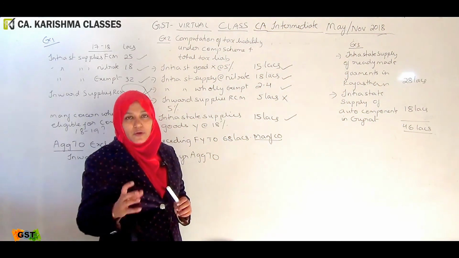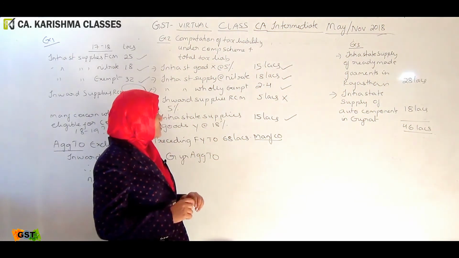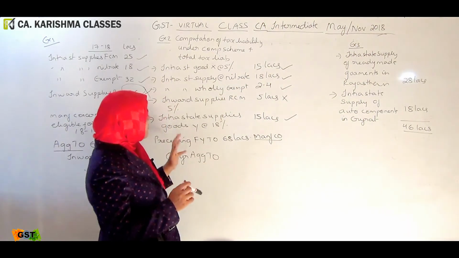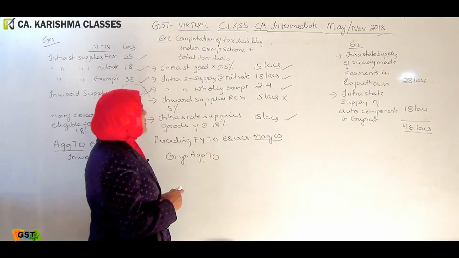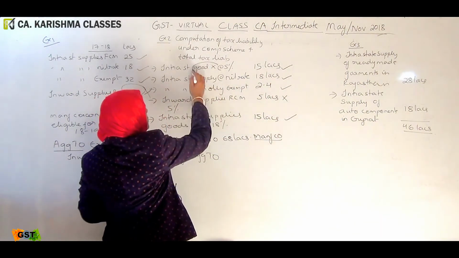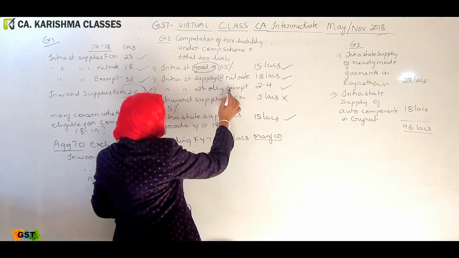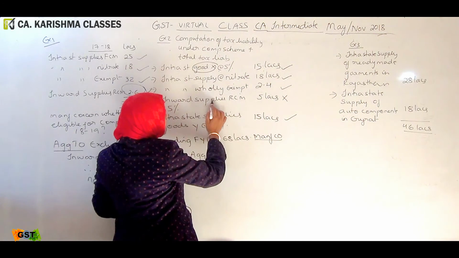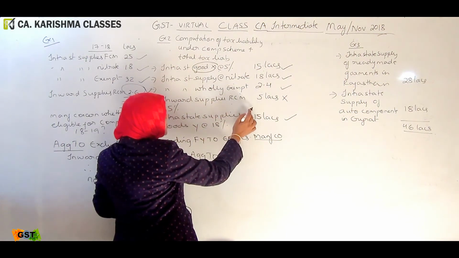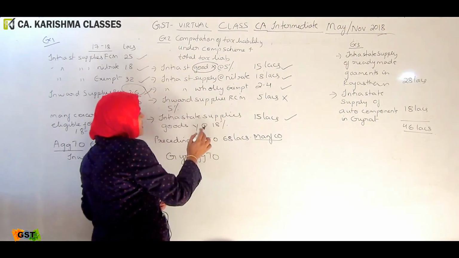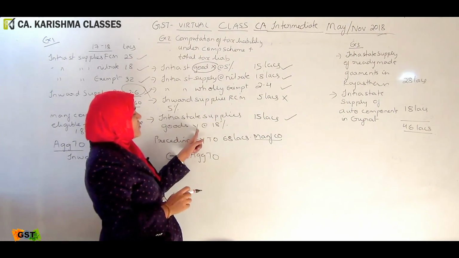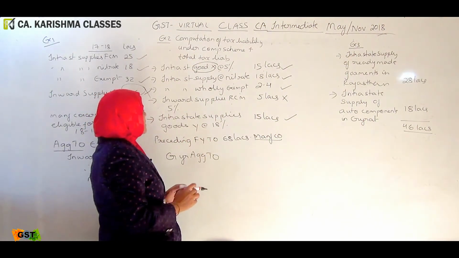So, how do you compute? So, look at this, my dear students. Here, if you see the breakup of the activity, the person is selling good X which is taxable at 5%, selling goods which are nil rate, selling goods which are exempt, having some inward supply which is taxable under RCM, and intrastate supply of goods Y which is taxable at 18%.